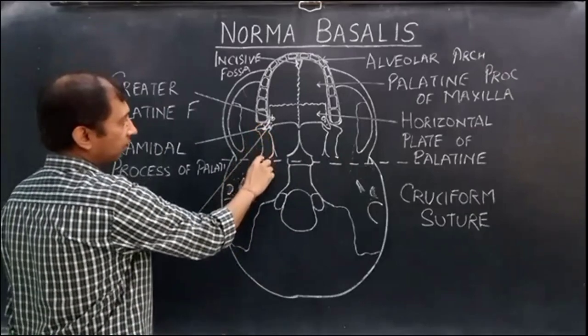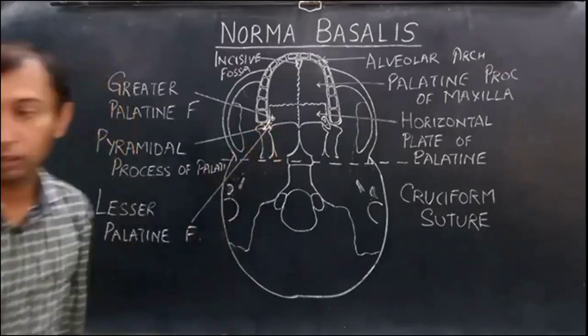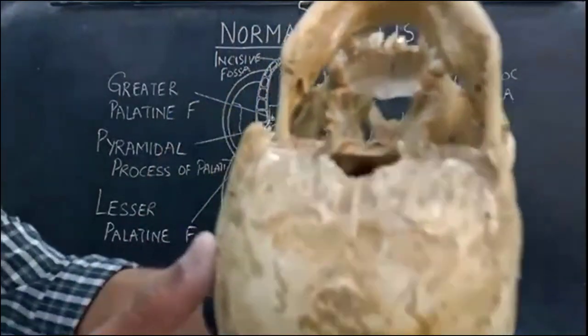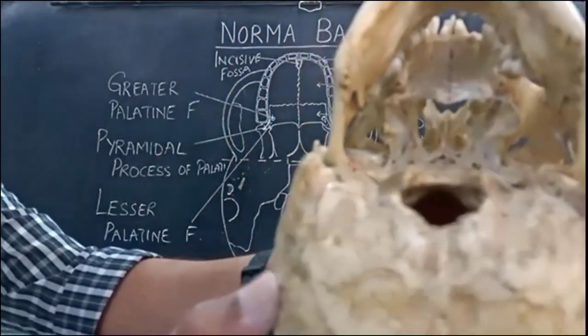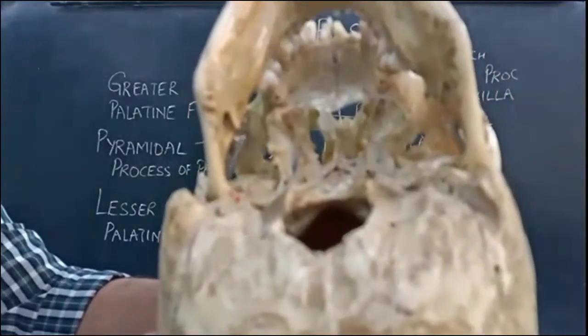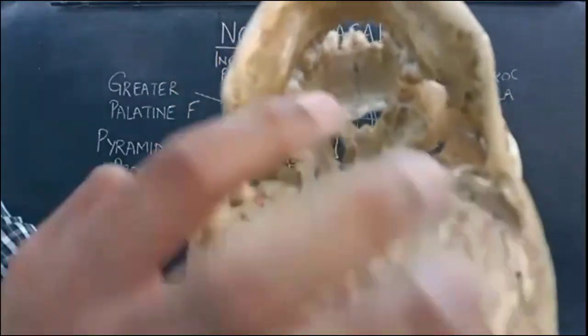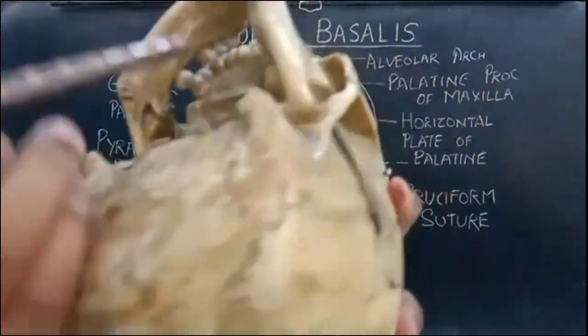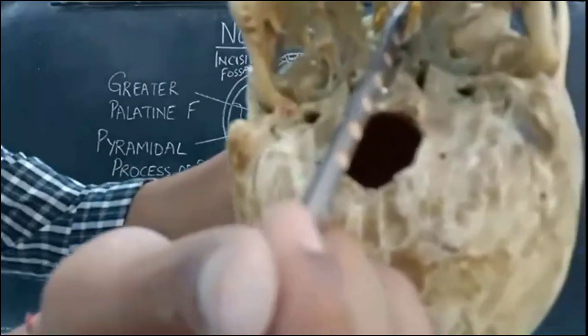there are two processes, vertical processes, which are descending from the sphenoid bone. So if you can visualize this, I don't know how clear it is, but in the center you can see the nasal aperture. Okay, so I'll just point out the nasal aperture here.